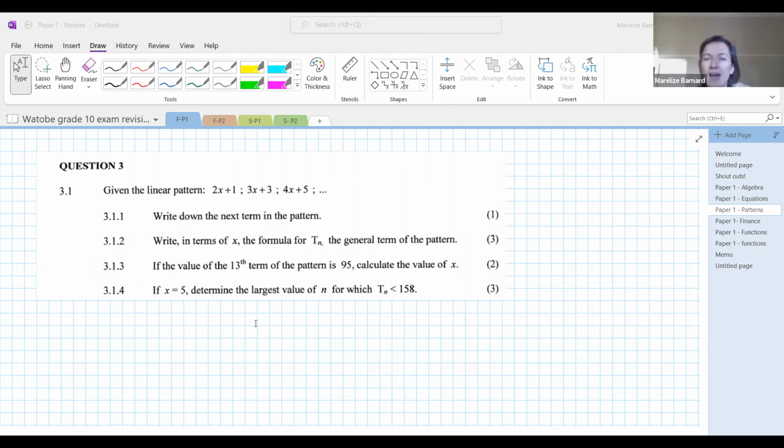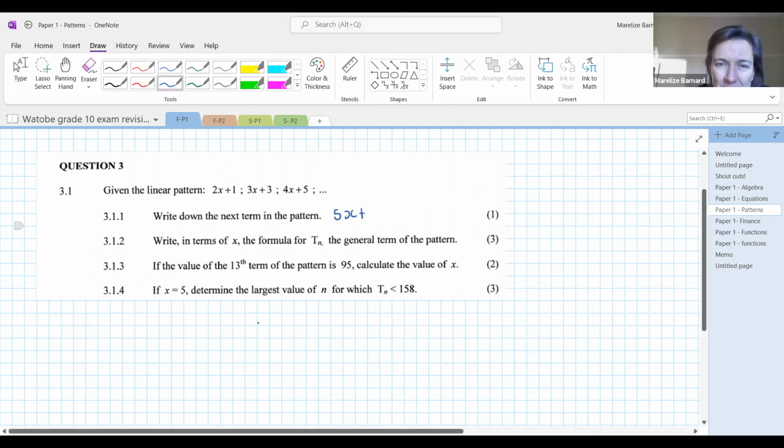Have a look, and if you think you know, pop in the chat, what is the next term in this pattern? Nice, guys. Nice. 5x plus 7. I totally agree.